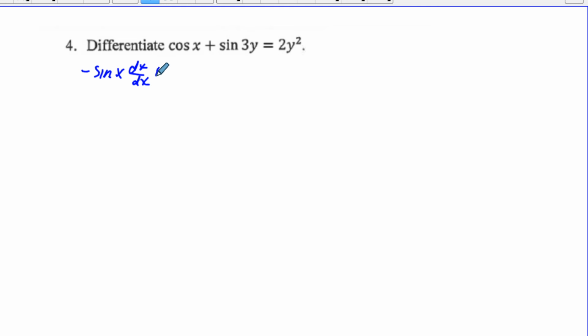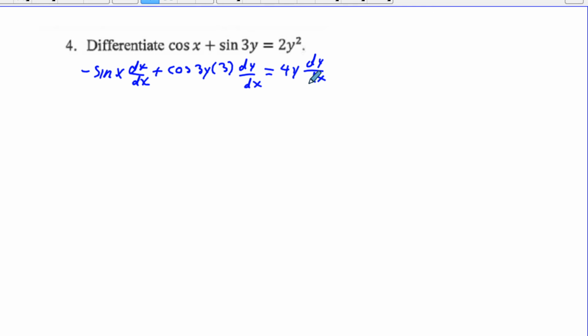That's positive cosine, so plus cosine 3y, and then we have something called the chain rule, times the derivative of this 3y, which is going to be 3, and then we have dy dx equals, and we take the right side, the derivative of 2y squared is going to be 4y dy dx.